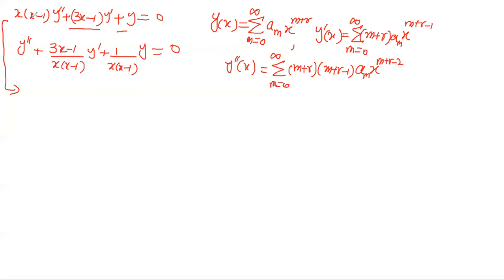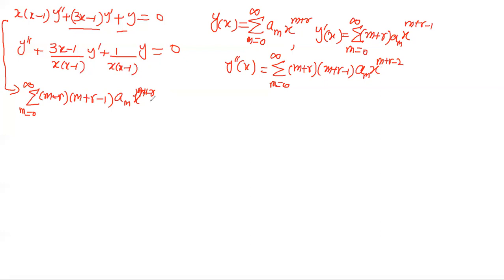So we will have this. Here, if you see in this equation, y double prime is being multiplied by x square and then also by x. So we first multiply it by x square. If we multiply this by x square, the power of minus 2 will cancel out. So we will be left with the sum from m is equal to 0 to infinity of m plus r into m plus r minus 1, am x power m plus r.